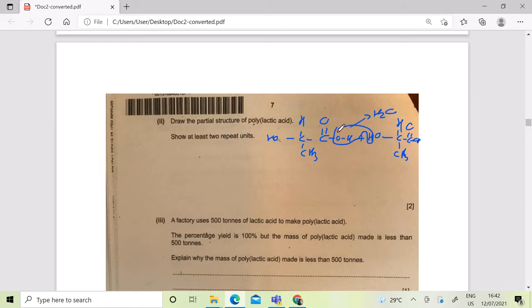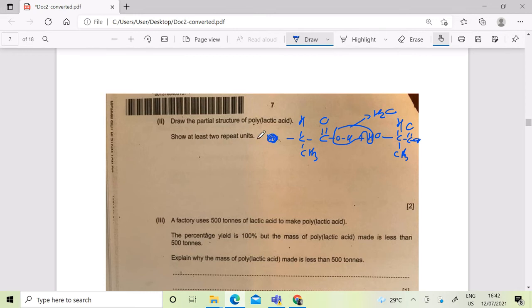At the same time, this alcohol unit also joins with another one and this OH also goes. So what is left will be O, and you have CH, CH3, then you have C double bond O, you get an ester bond from here, then you have CH, again CH3 and CO.